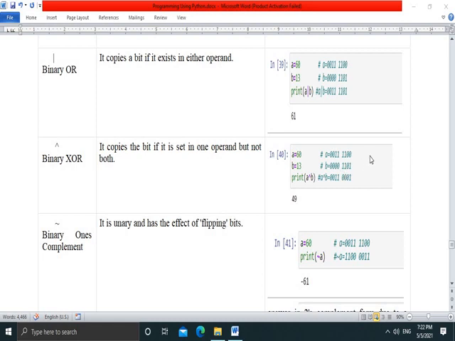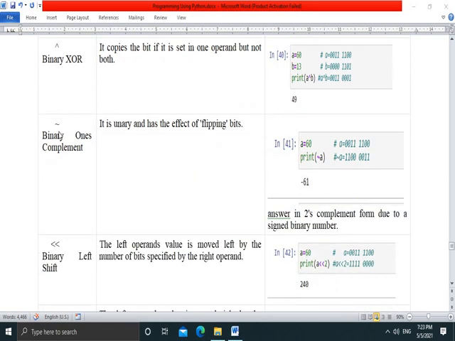We have to know 0 XOR 0 is 0, 1 XOR 1 is 0, 0 XOR 1 is 1. Similarly, we do the operation 0 XOR 1 is 1, 1 XOR 1 is 0, 1 XOR 0 is 1. Likewise, we have to calculate the result. So the result is 49. So this is the binary of 49.